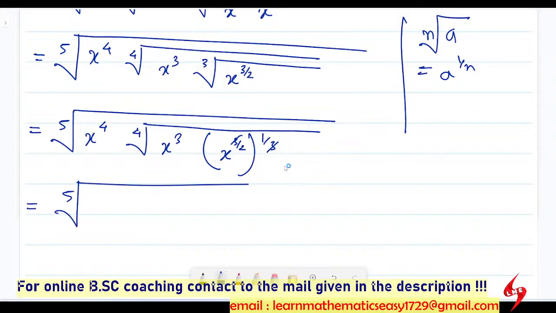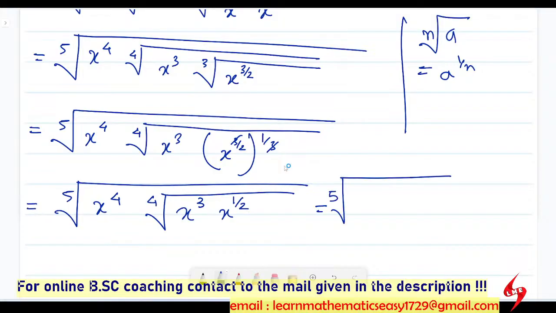So the 5th root of x to the power 4, x cube, and here I am having this 1 by 2. As well the powers will be added because the bases are same. So 7 by 2.